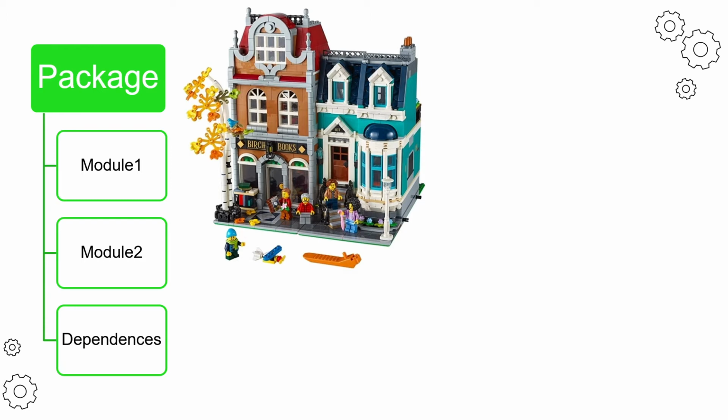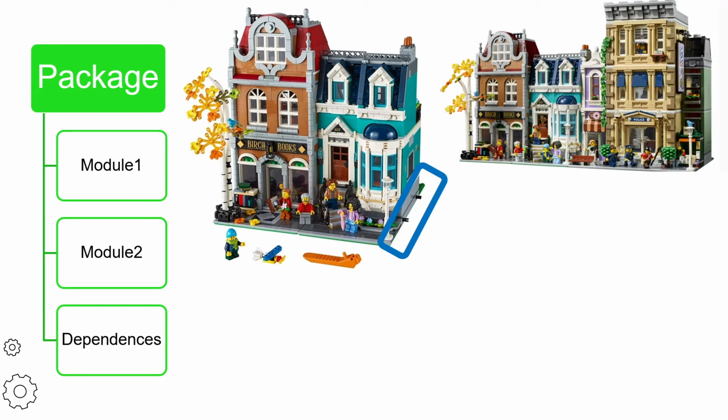And also you need to let others use your code. So we have some interface for you to connect with other modules. In this case, we have a mechanism on the side of the blue building, and you can use that to connect with other buildings to create a bigger block.